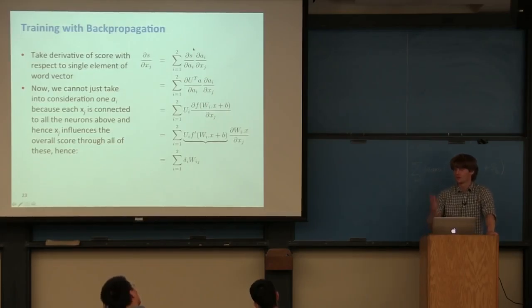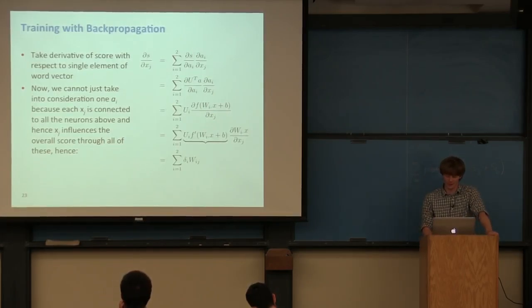And now we again will just write out our definitions from our neural network function. So s was just an inner product times a, and with respect to a_i here, that is just u_i.